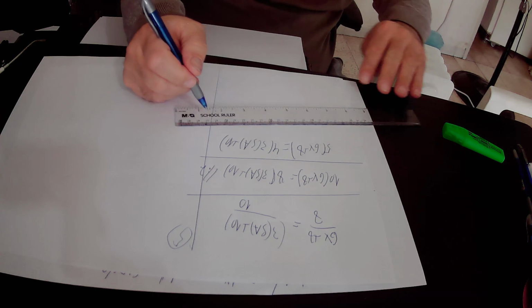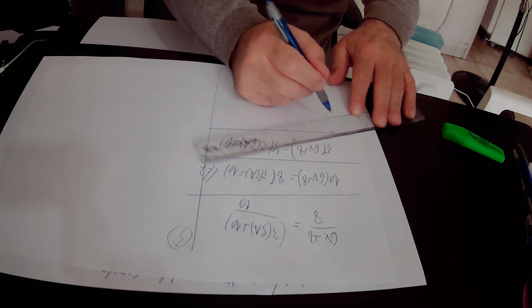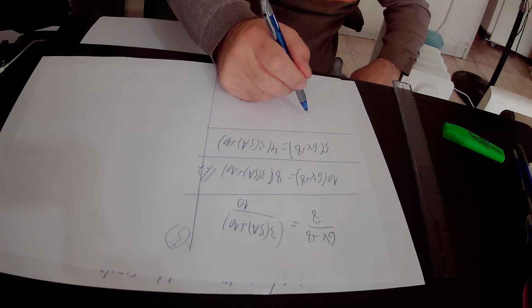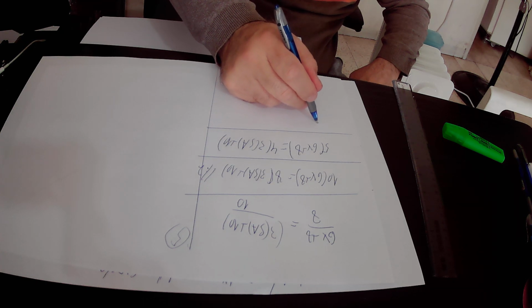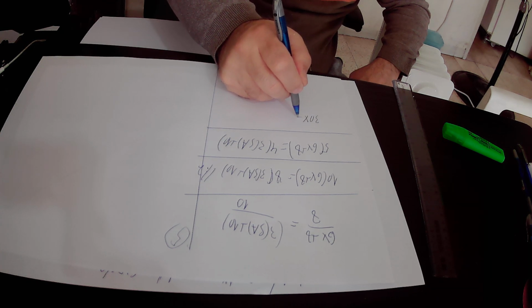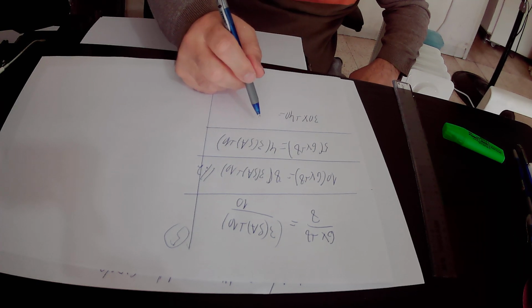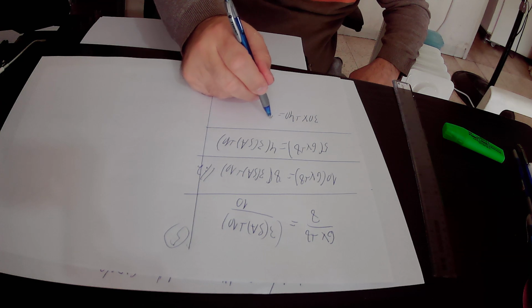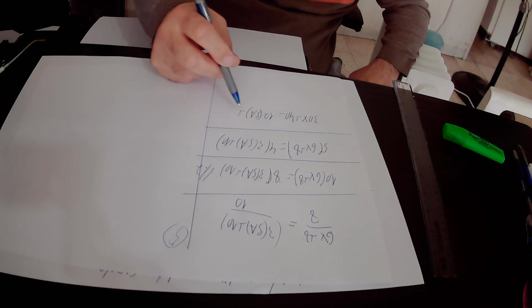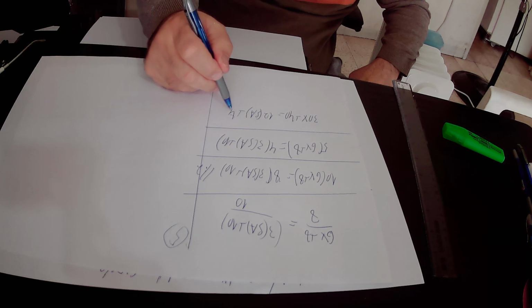Here we will open the brackets on both sides and we get that 5 times 6x is 30x plus 5 times 8 is 40. That equals 4 times 3SA is 12SA plus 4 times 10 is 40.